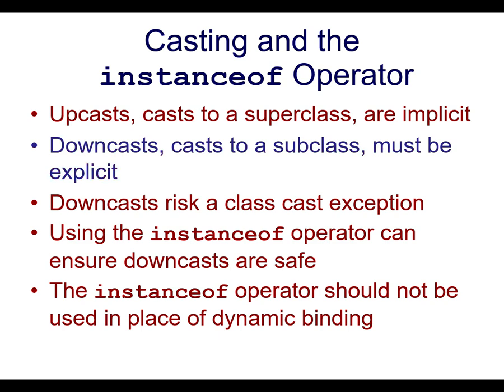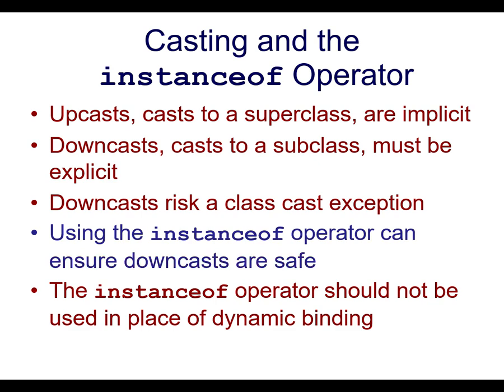Downcasts, which involve assigning an object with a superclass reference to a subclass reference, must be explicit. That is because downcasts are potentially unsafe and risk a ClassCastException at runtime. Here is where the instanceof operator can be useful.